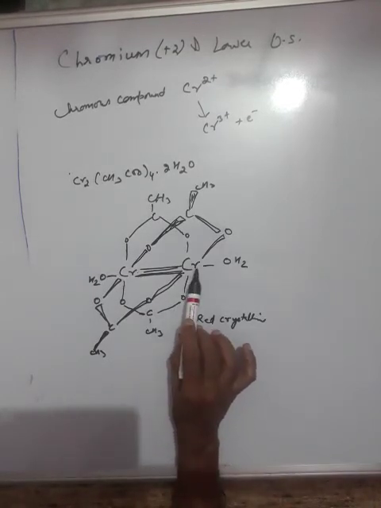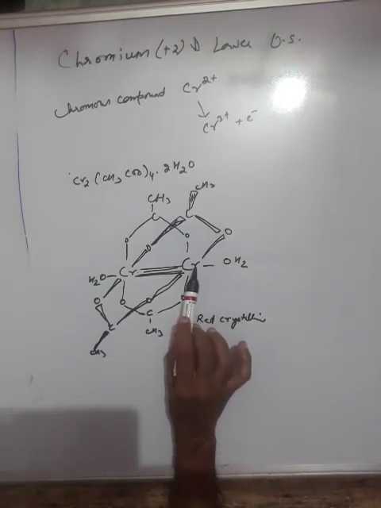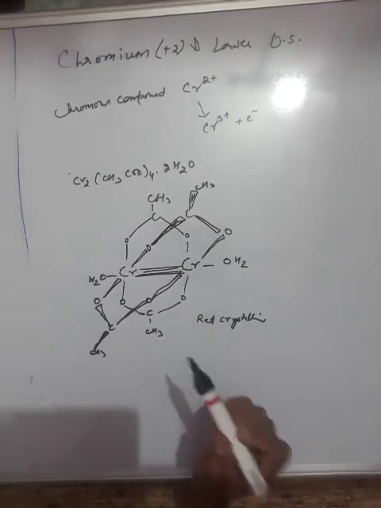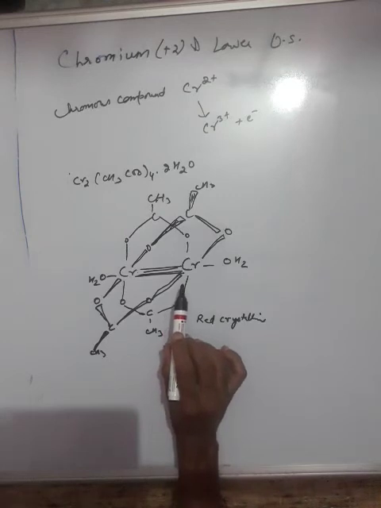chromium atom is in the state of Cr2+, that is the chromous ion. And here every chromous ion is surrounded by a sort of distorted octahedron.